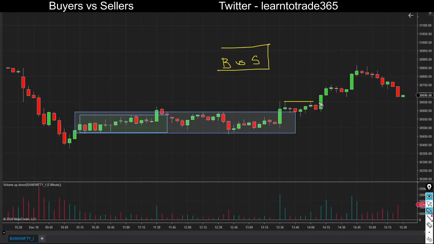Clearly now look at this: when price was in a balanced auction and when price again started moving towards the upside, there was a volume increase. Not like the morning, where there was a multiple volume drop.